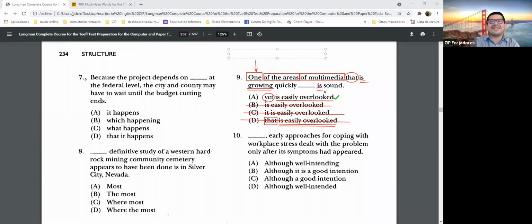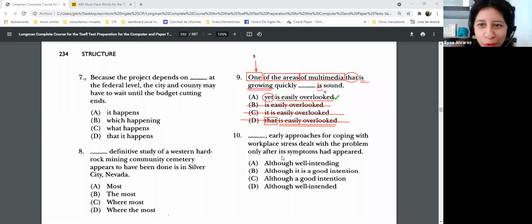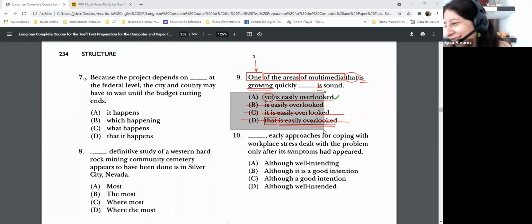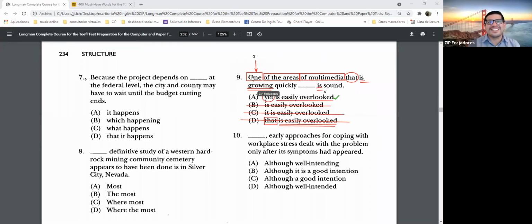Yet is easily overlooked. Is sound." "Yet" is a connector, and we don't have a comma or anything. No, we don't have a comma.